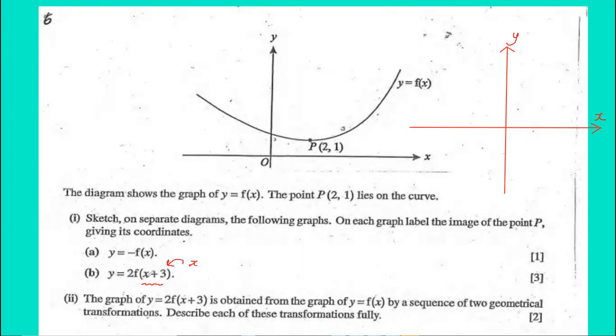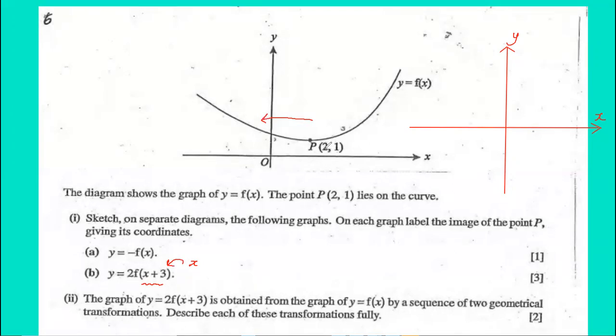So you complete the first transformation, which is x plus 3. Instead of adding, moving 3 units to the right, you always do the opposite. So you're going 3 units to the left, okay? It's only affecting your x coordinates. Anything that's going on inside your brackets is affecting your x values.